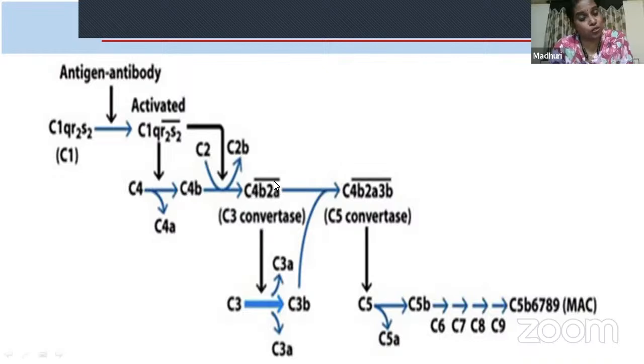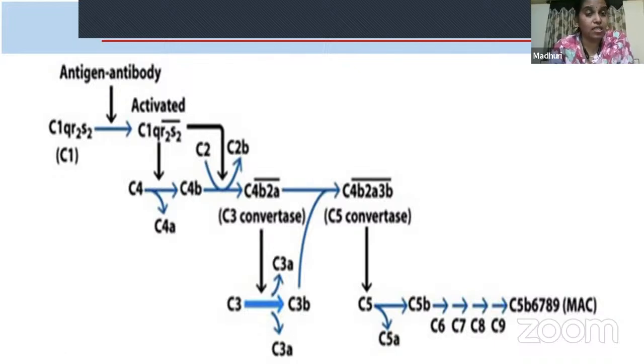Now, the next molecule which is coming over here is C2. Okay. Now, over here there's a small disturbance about C1. It is not followed by C2, it is C4. So we have C1, C4, then we have C2 molecule which is coming into picture. Now, once the C2 molecule comes into picture, the C2 again is broken into C2A and C2B.